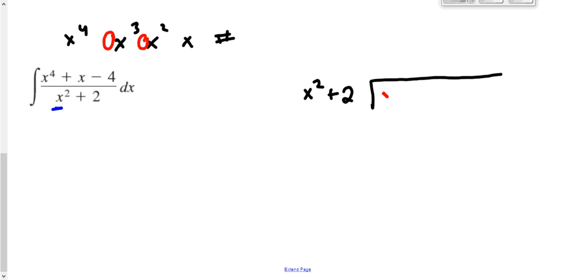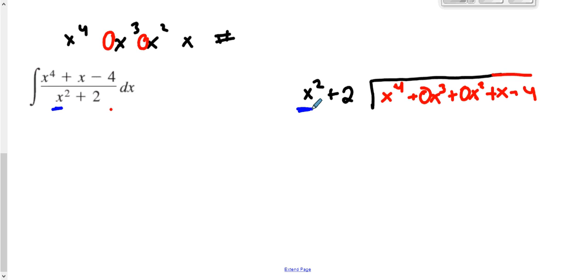So when we write our equation under the division sign, we'll have x to the 4th plus 0, because 0 doesn't change anything, x cubed, plus 0, x squared, plus x, and then we have minus 4. Because the x and minus 4 we do have in our quotient on the top. So now we can divide.